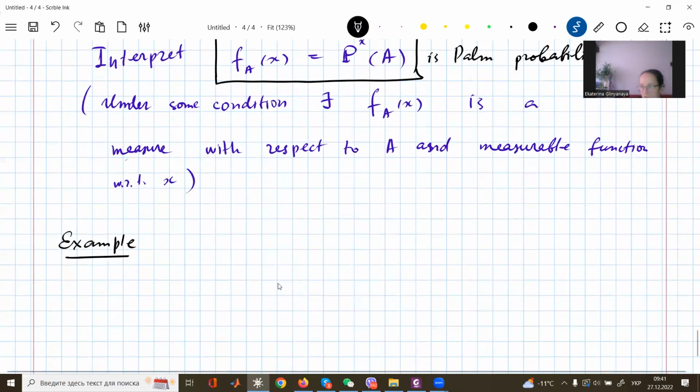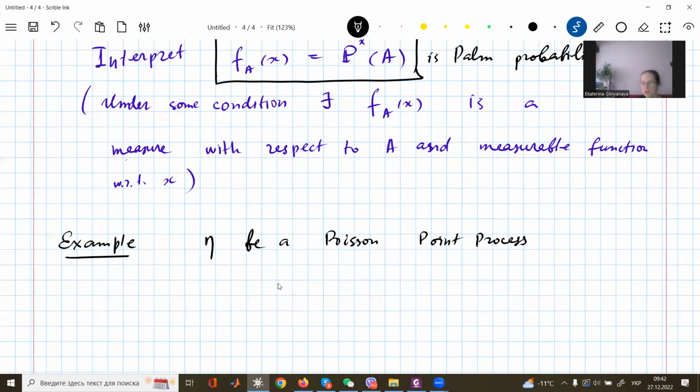So let us consider an example. Let eta be a Poisson point process.